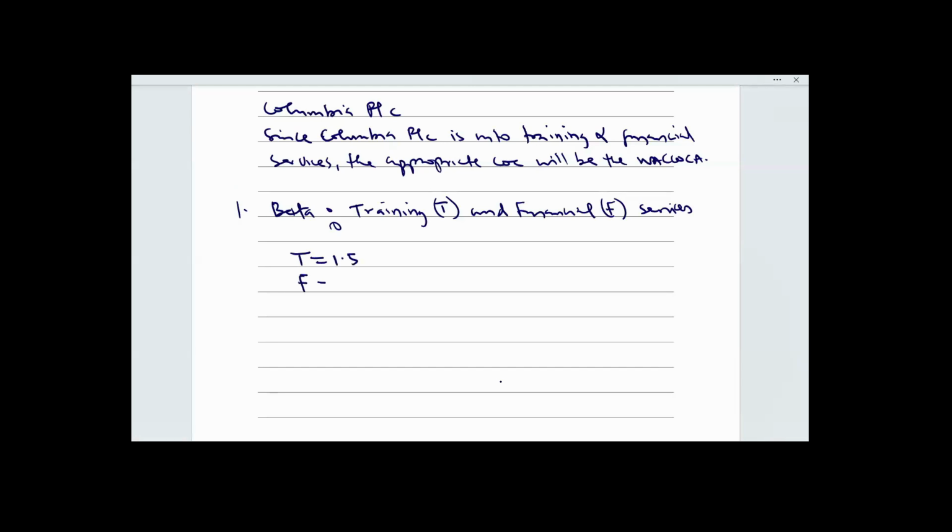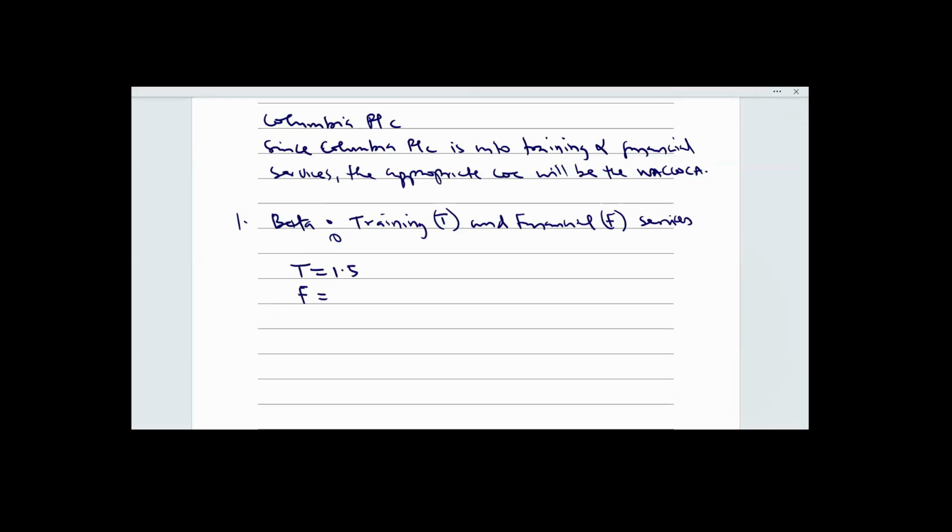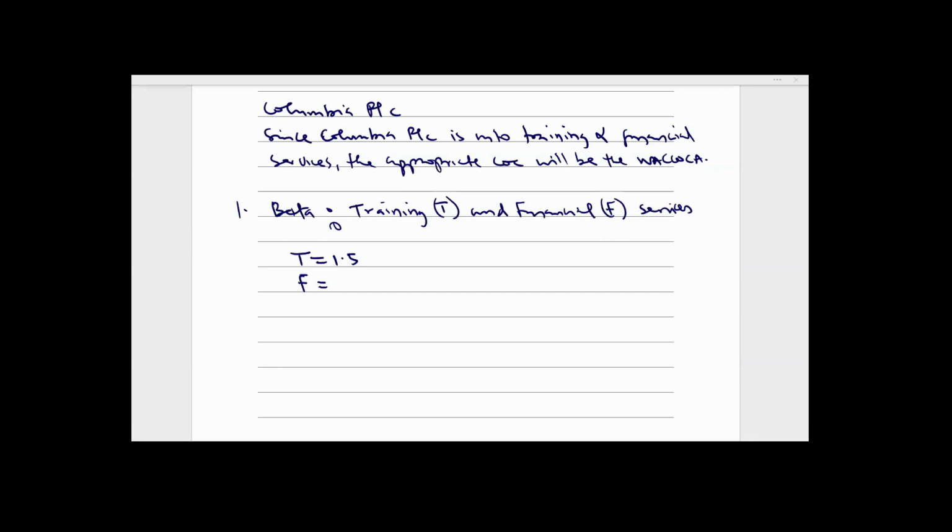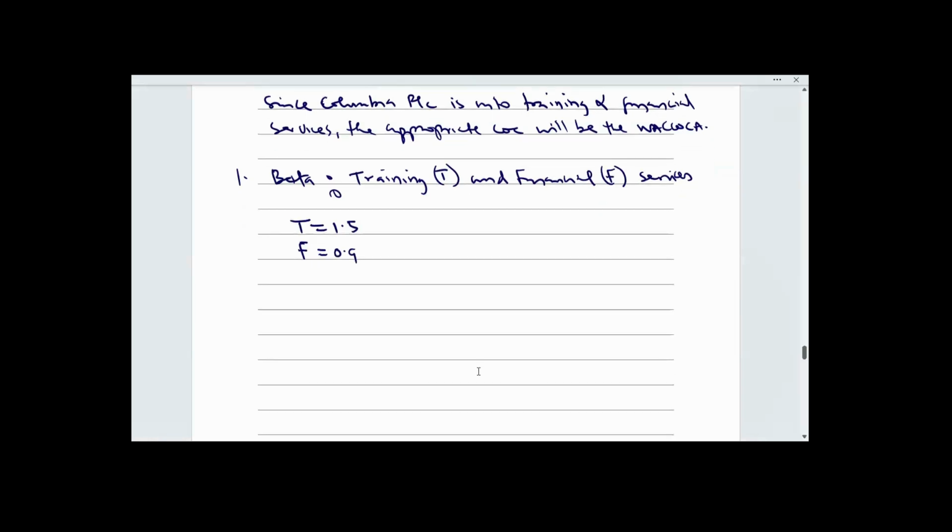Financial service. Again, the average beta and debt to total market value for financial service sector is 0.9. So 0.9 is the beta of financial service. With this, I've identified the beta of each activity.